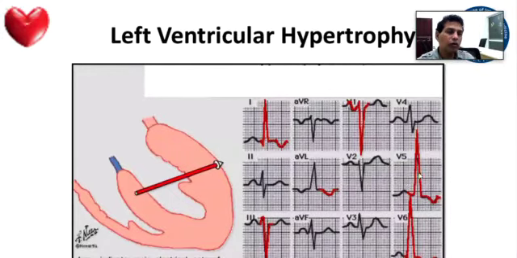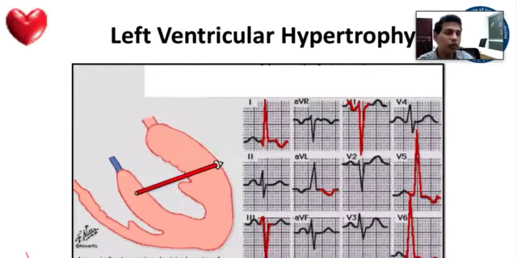If the R wave is taller than 27 millimeters in V5 or V6, we can diagnose LVH. Or if we add the S wave in V1 or V2 to the R wave in V5 or V6 and it is more than 35, it is LVH. Or if you take AVL alone, if the R wave is taller than 13 millimeters, it is LVH.